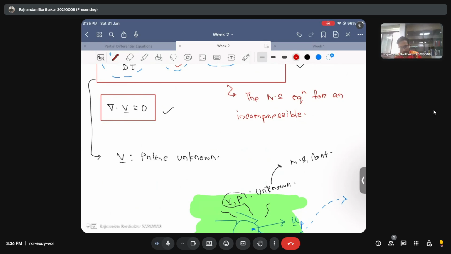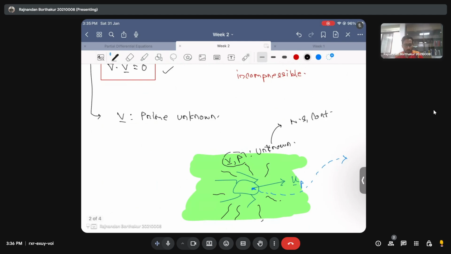So the unknowns we try to solve for are the x direction velocity, the y direction velocity, the z direction velocity, and also pressure. So we have at most four unknowns in real life 3D problems.